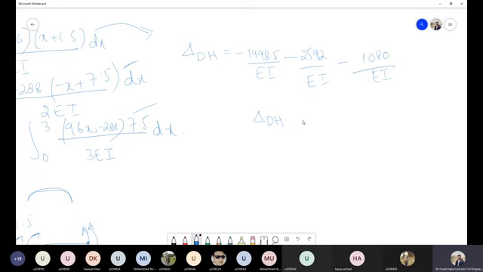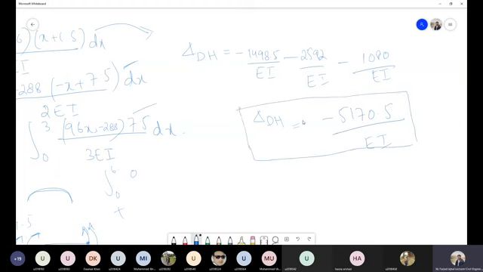And just keep one thing in mind, that there are other two integrals as well, but I didn't write them because they will go to 0. But in case they are not 0, you have to consider those as well. Anyway, what will be the final answer to delta DH? So minus 5170.5 over EI. So this is delta DH.